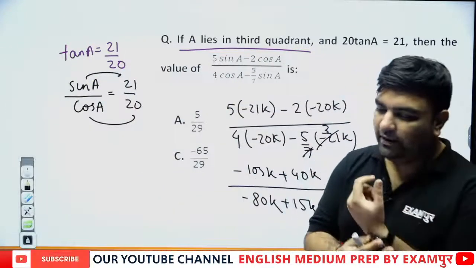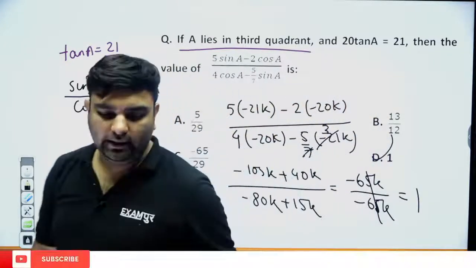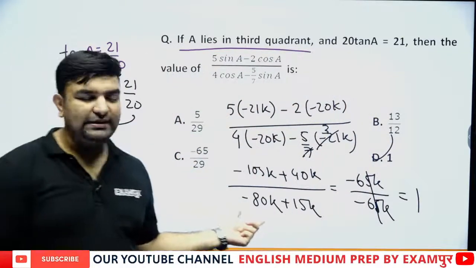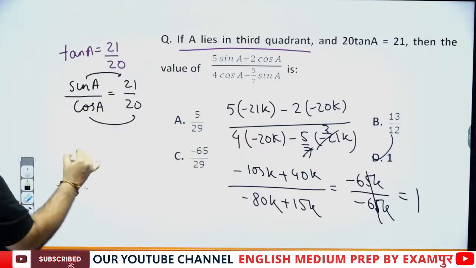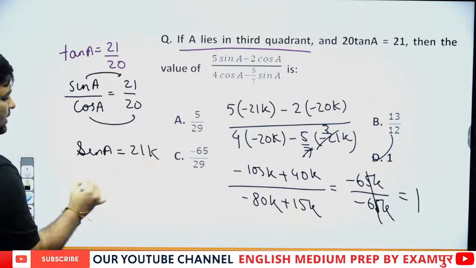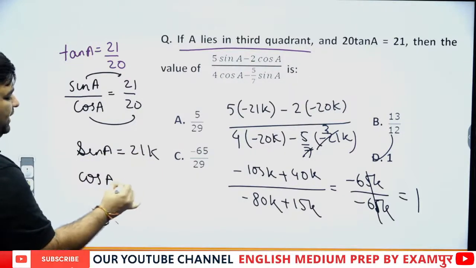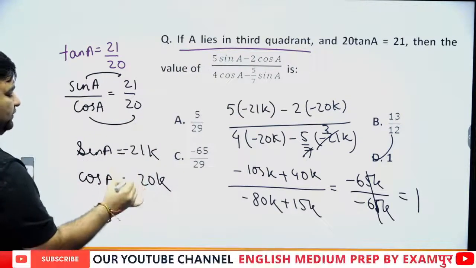So even finding out their exact values was not compulsory, only taking it in the ratio, that sine A is like 21K and cos A is 20K. Both of them are negative in the third quadrant.